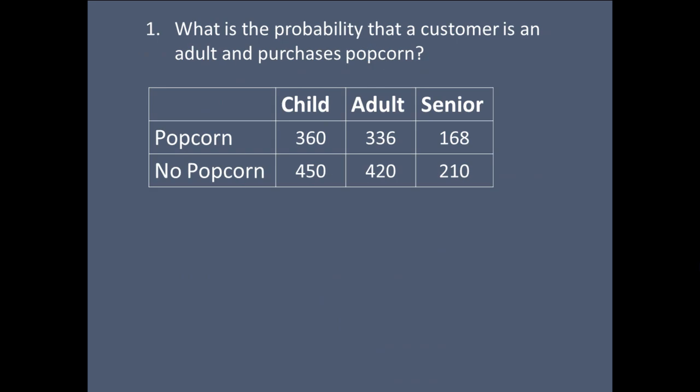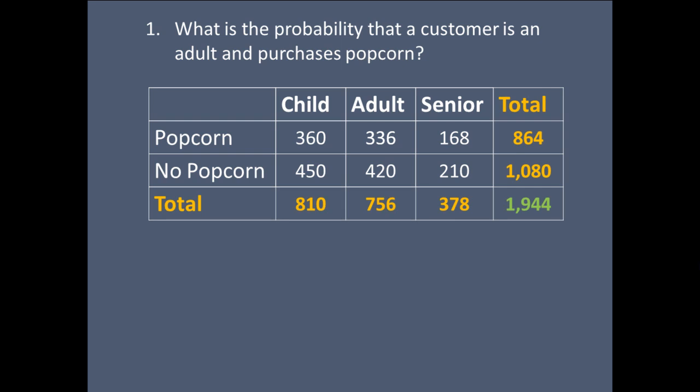So for question 1, we were asked, what is the probability that a customer is an adult and purchases popcorn? So remember, the first thing we want to do anytime we have a contingency table is to first calculate our totals. So now that that is done, all our totals are calculated. Looking for the probability of adult and popcorn, well, that would occur at the intersection between our adults and our popcorn.